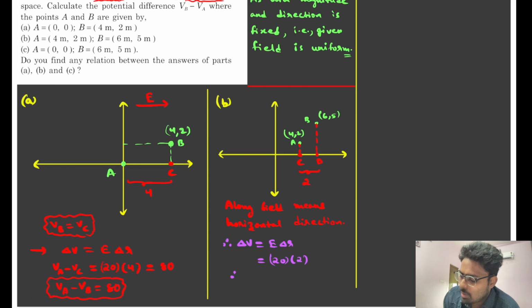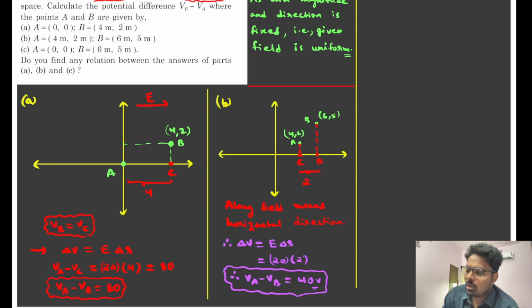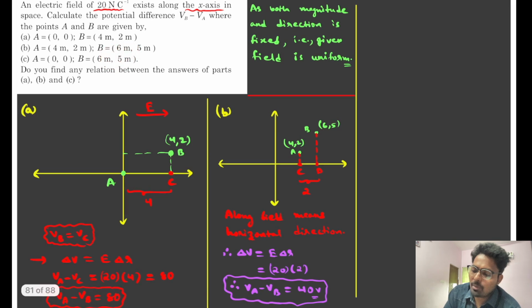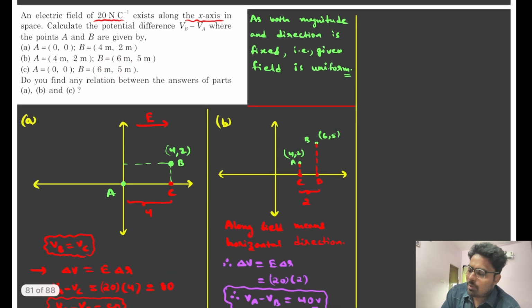So here also VA minus VB would be equal to 40 volts. If they are asking VB minus VA, obviously the answer would be minus 40. I'm not going to do the third part, you can find it over there. And they're asking what the conclusion is, right? The conclusion would be C.